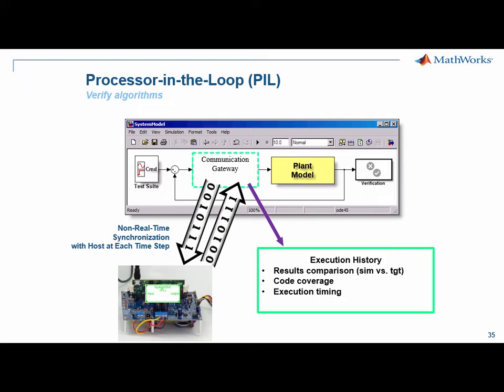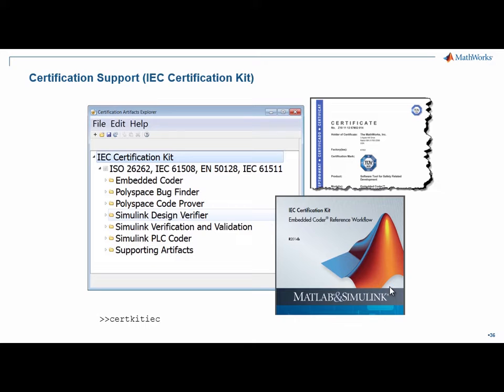We have a certification kit product which supports the standards you see here, including the automotive, industrial automation, rail, and process control industries. You can see Embedded Coder is one of the supported products for the standards, and they all have certificates from the TÜV-SÜD indicating their suitability for use in these standards.